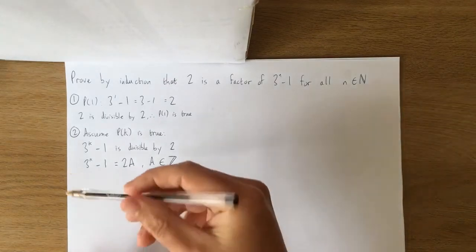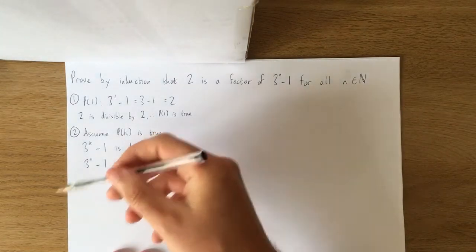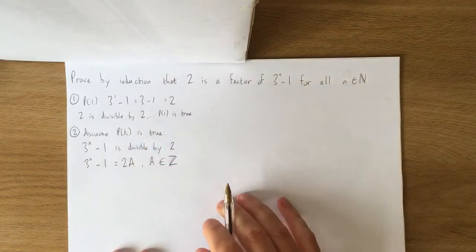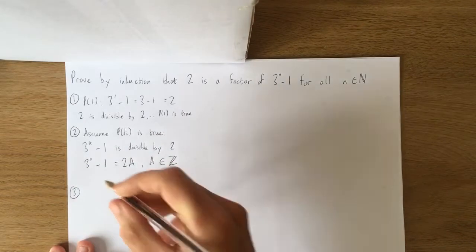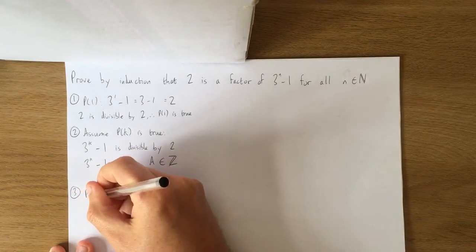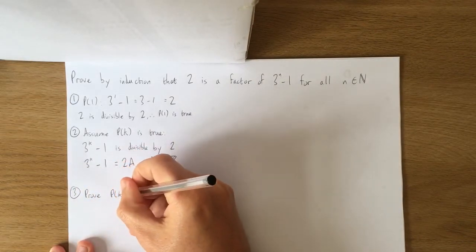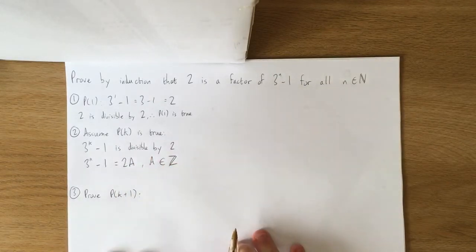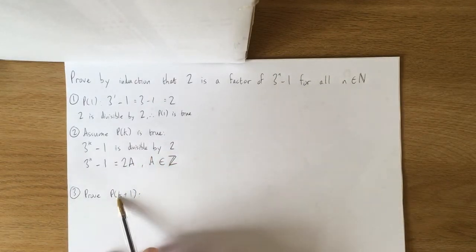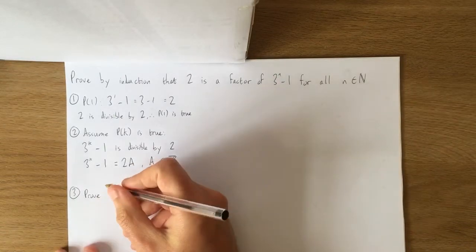There's another line I'm going to put in here. I'm just going to leave a gap for now, and go on to step 3, which is to prove P k plus 1. That just means sub k plus 1 in there for n.